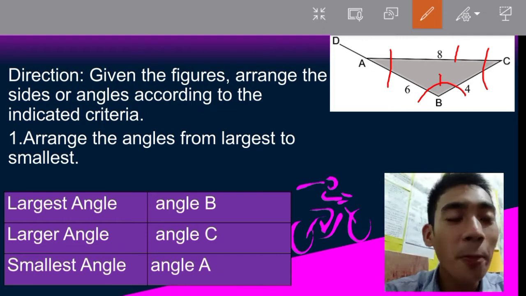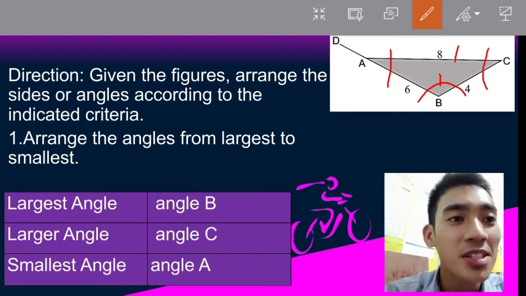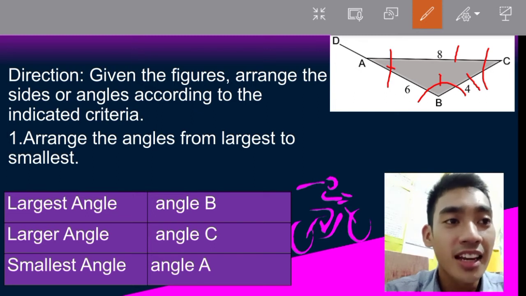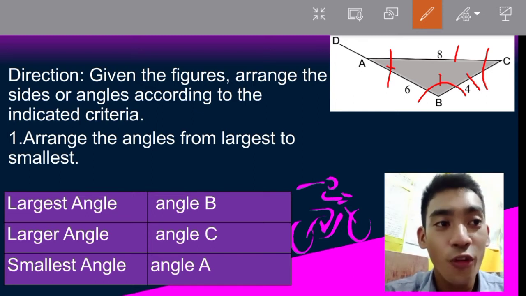While the opposite of the smallest angle, which is angle A, that is the shortest side, which has a length or unit of 4, that is line BC.